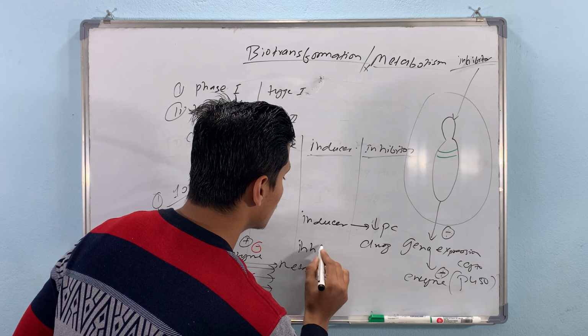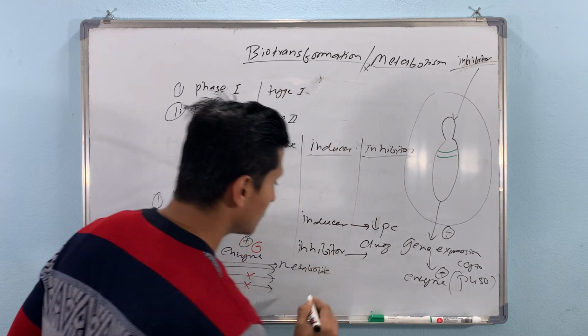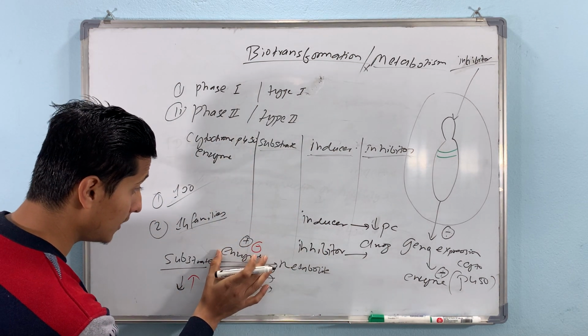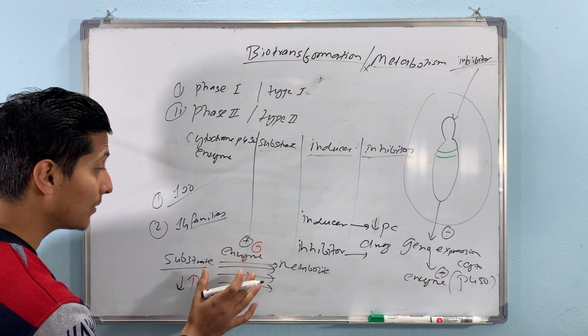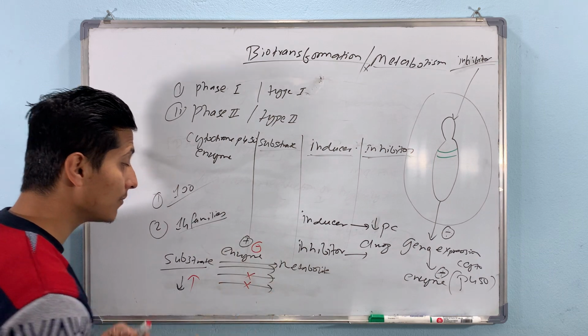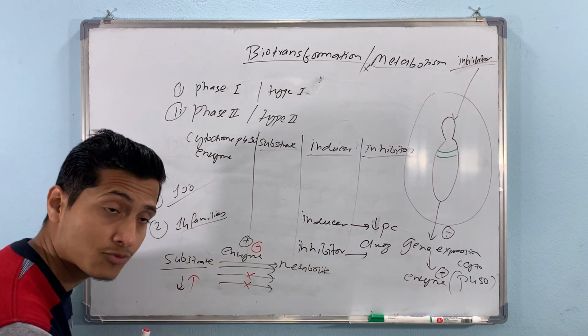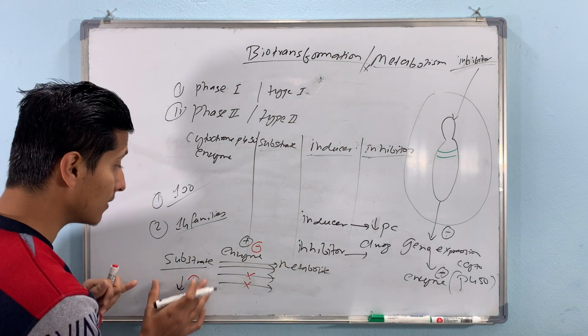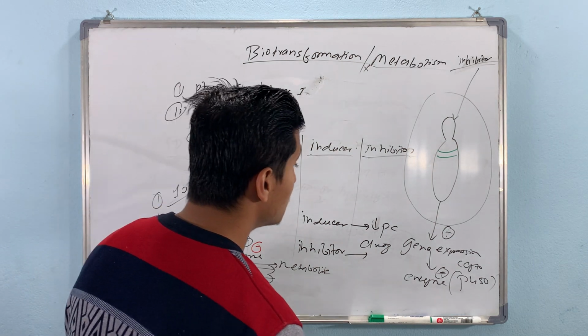And if there's an inhibitor in the blood, the inhibitor inhibits the enzyme, right? When the enzyme gets inhibited, less enzyme is available. Less enzyme means less substrate is getting metabolized and a greater amount of substrate remains in the blood.